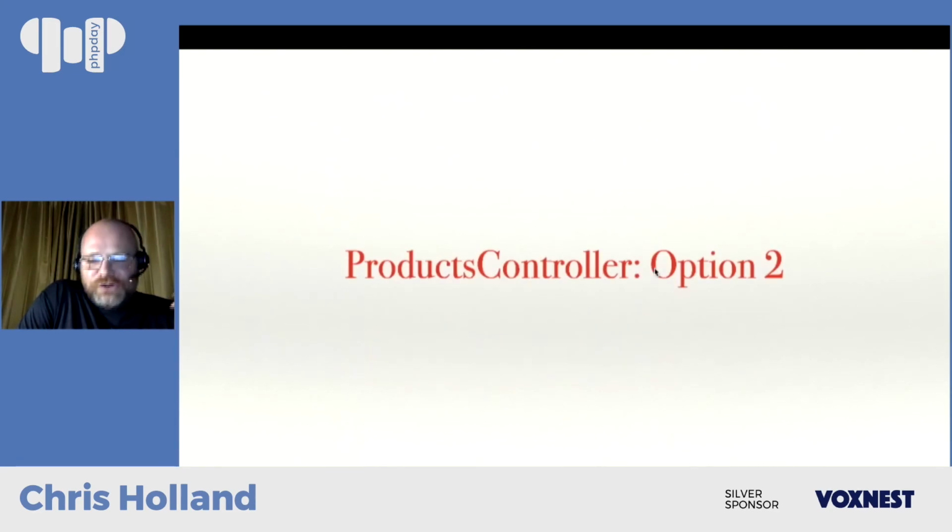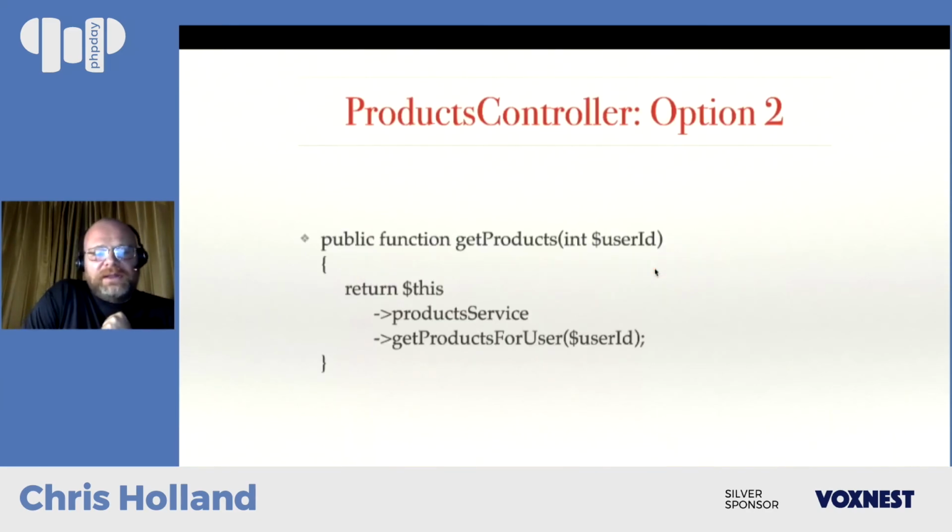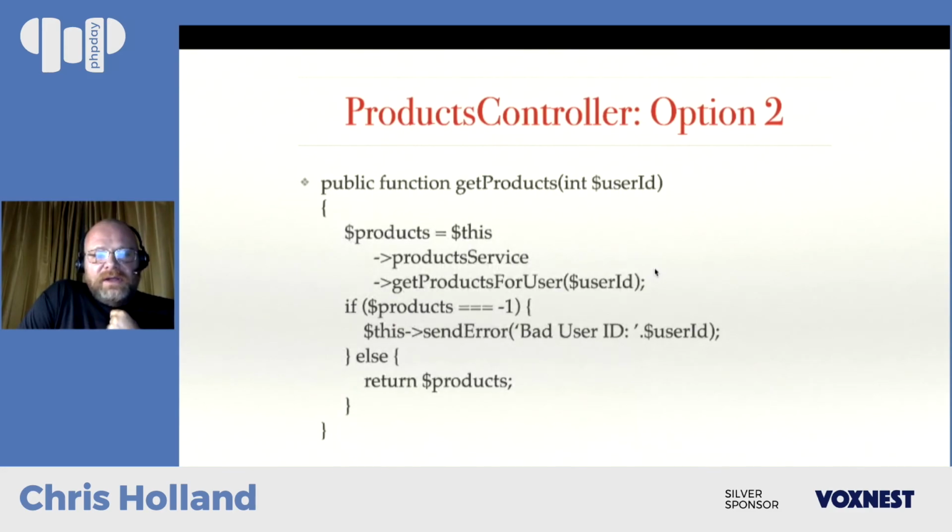So now with option 2, when we want to handle this exception, and we want to handle the fact that the service returned -1, we're going to have to add some code, right? First, we're going to try to retrieve an array of products by calling this product service get products for user. But then we're going to say, whoa, hold on here.